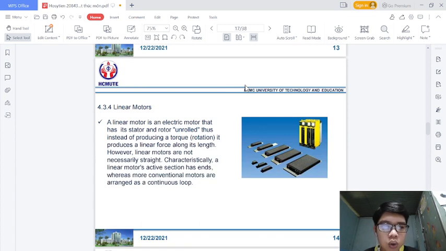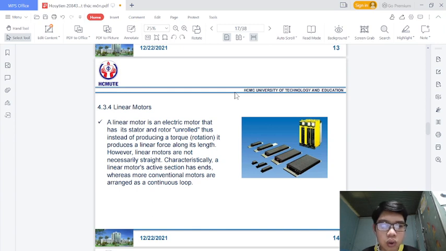Linear motor. A linear motor is an electric motor that has its stator and rotor unrolled, so that instead of rotation and torque, it produces a linear force along its length.